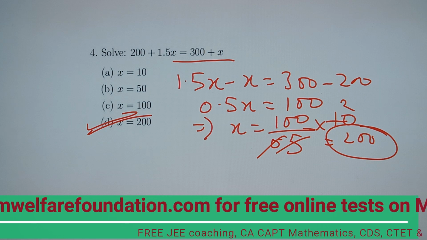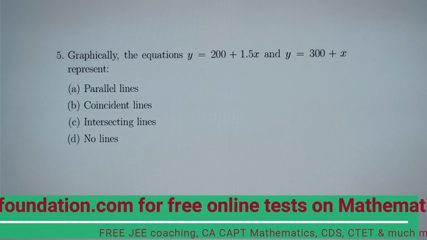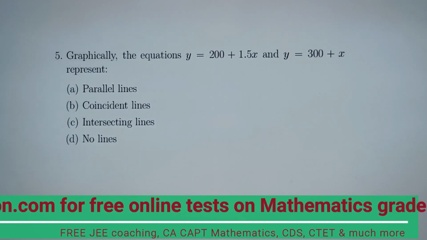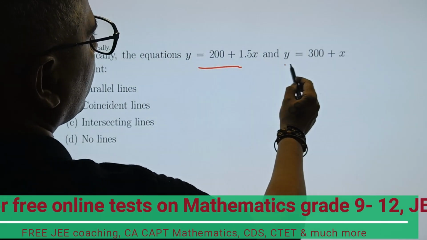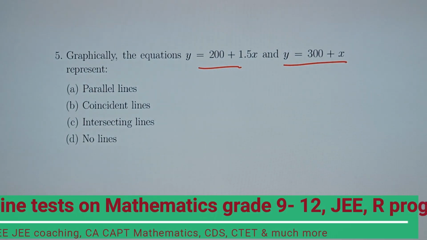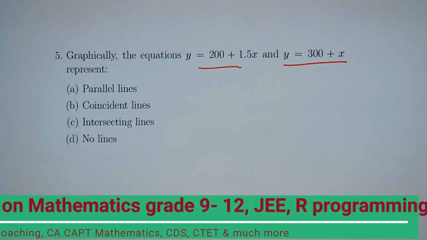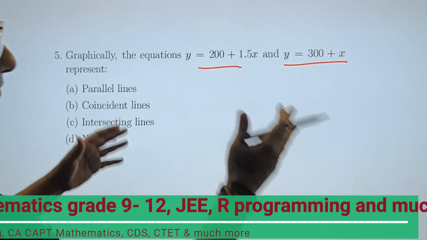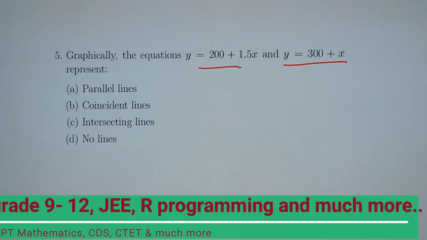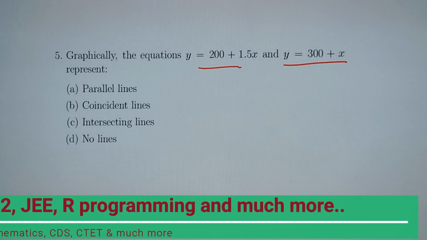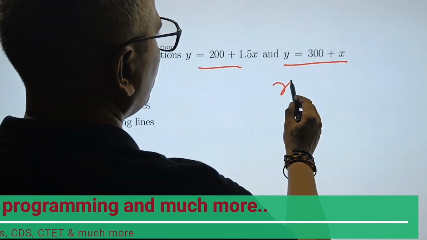Now let's move toward question number 5. This question states: graphically, do the equations y equals 200 plus 1.5x and y equals 300 plus x represent parallel lines, coincident lines, intersecting lines, or no lines? Basically, in our previous question we have seen that we got the value x equals 200.